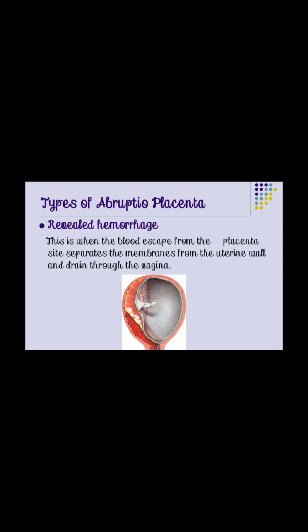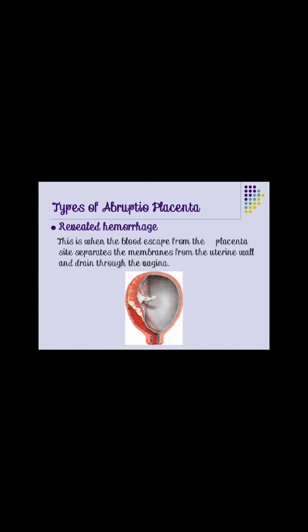Tutaiona hata sisi ukienda kumwekeza mama, you will see spotting of blood au bleeding inatoka. Hiyo inaitwa revealed hemorrhage, yaani you can see kwamba mother is bleeding, wakati kile kipindi ni pregnant.